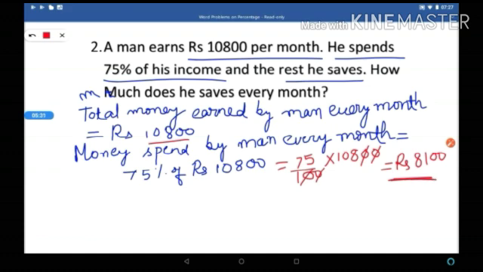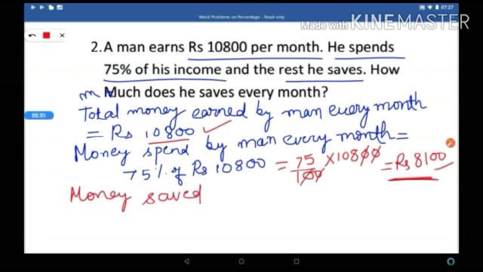But we want here his savings. We need to subtract the spending amount from his earning amount. Therefore, the saving amount is equal to 10,800 minus 8,100 rupees.